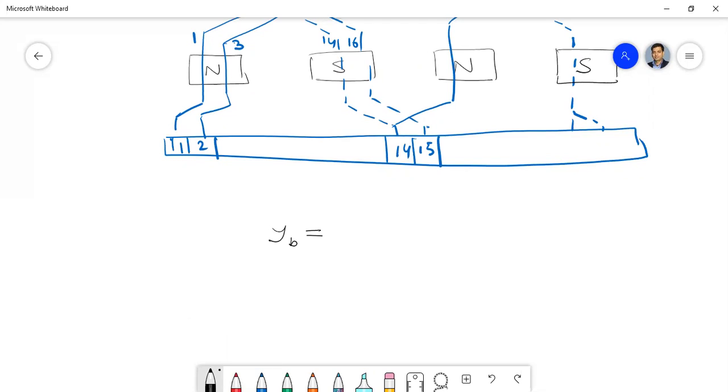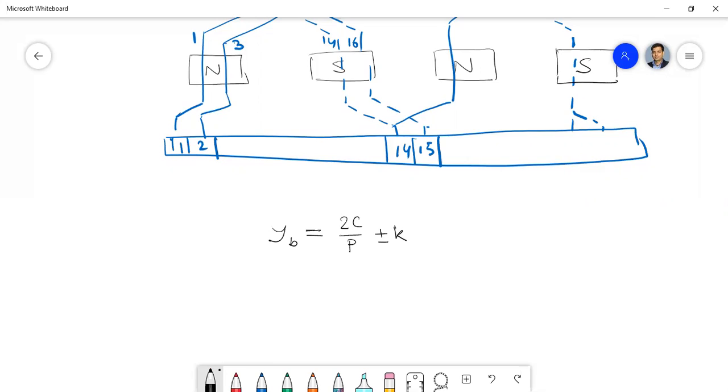Can you tell me what the YB formula was? Anybody? Unmute yourself. 2C by P plus minus K. So the same back pitch formula will be applicable here.